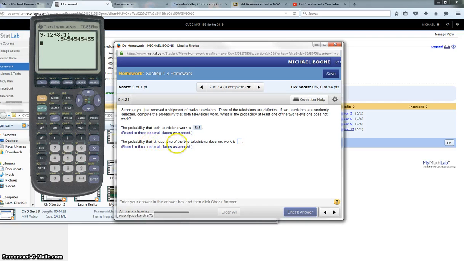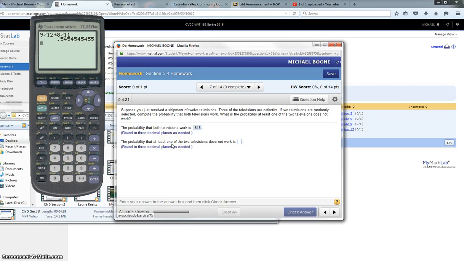The probability that at least one of the 2 televisions does not work. So that means 1 does not work or 2 does not work. But it's not 0 don't work. Well, 0 not working means that they both work.